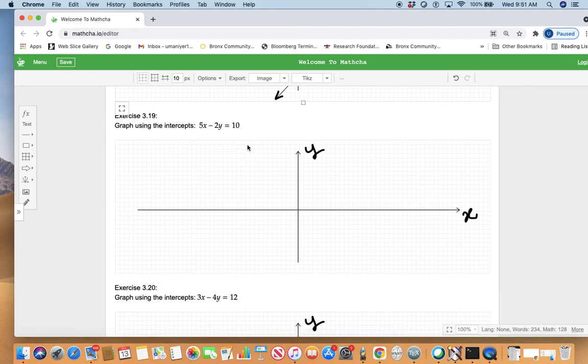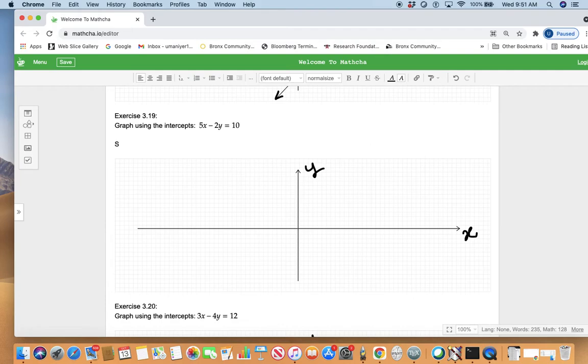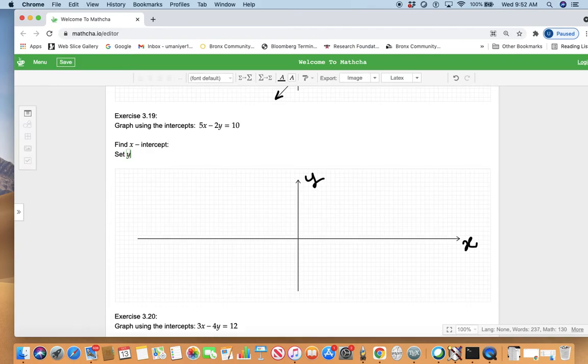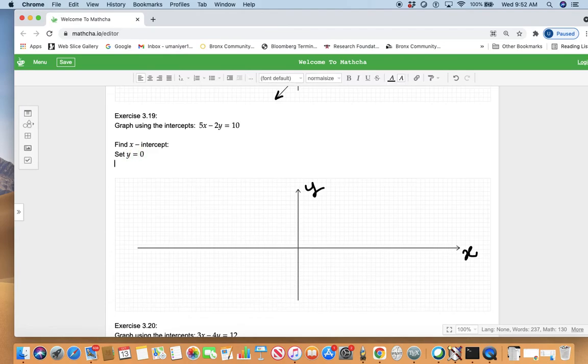All right, so let's go. The next similar problem using intercepts. So first we find the x-intercept. How do you find the x-intercept? Set y to 0 in your original equation.